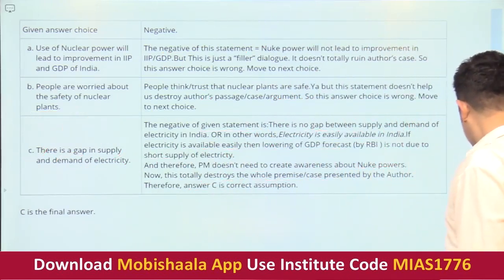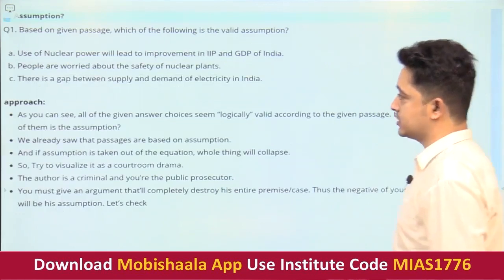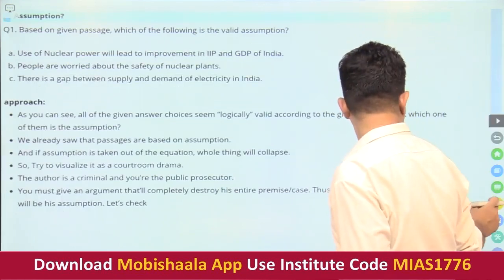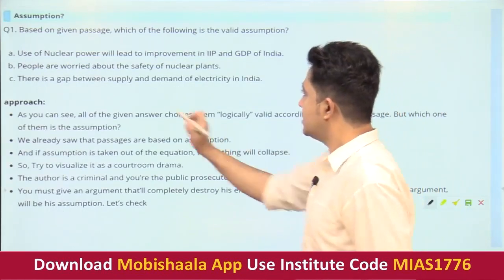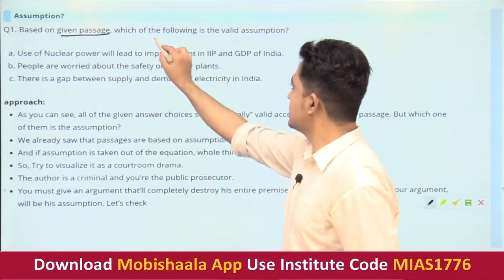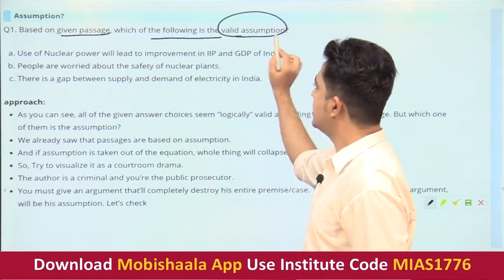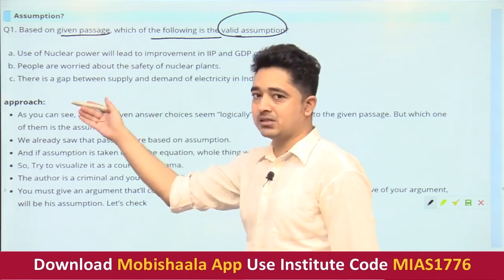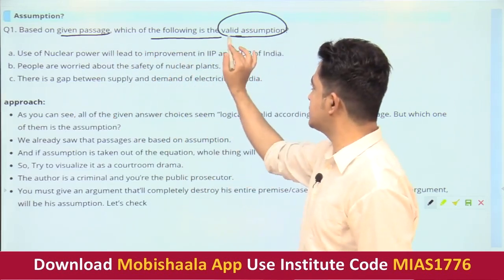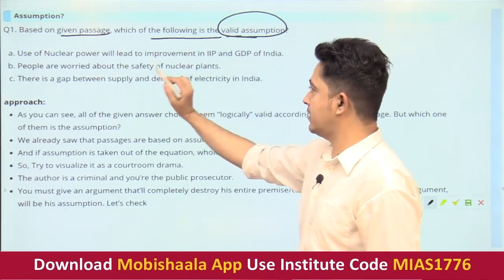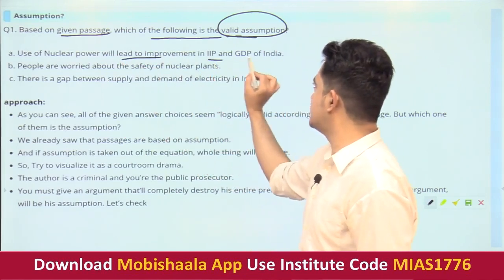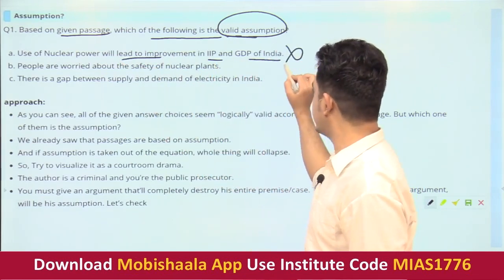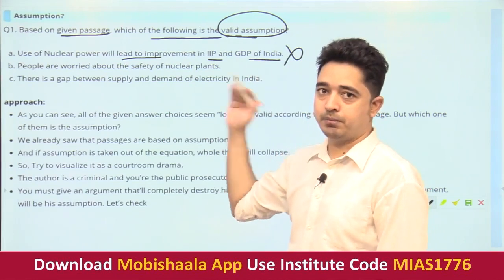Here I am just showing you what exactly the question was. Based on the given passage, which of the following is the valid assumption? All three are possible answers, but we have to understand which one could be the valid answer. First, nuclear power will lead to improvement in IIP and GDP of India, which is incorrect in this case.